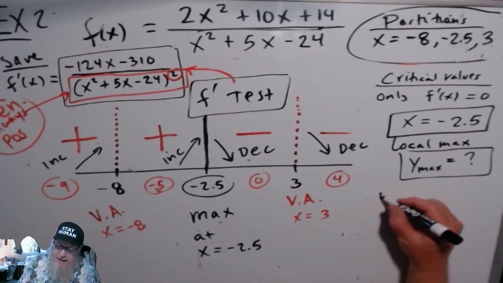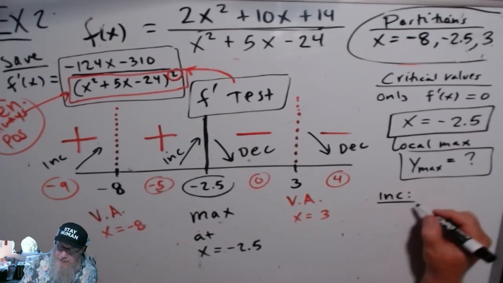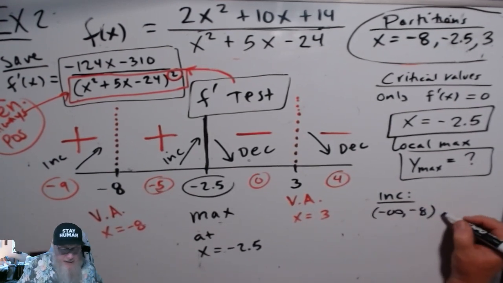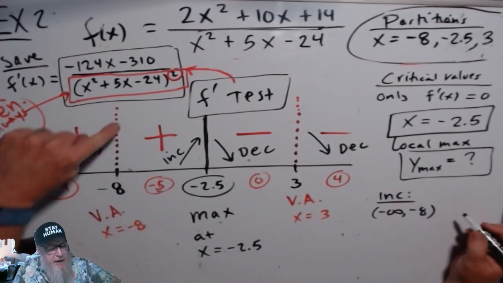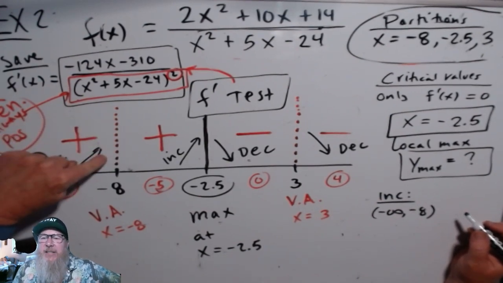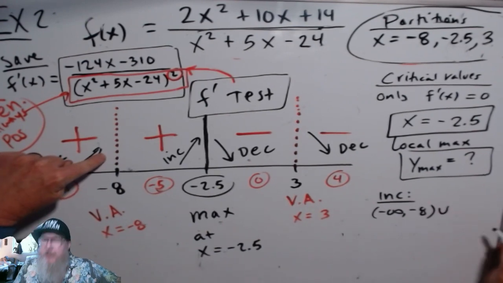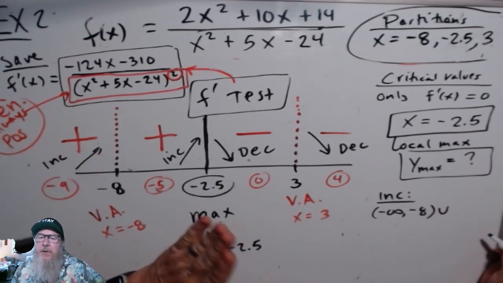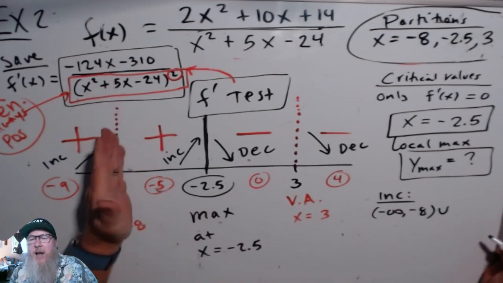Okay, now we have increasing interval, negative infinity to negative 8. Now, this is why it's important to identify that with a dotted line. If it's a dotted line, you must use the union. Now, you saw another example earlier where this was a solid line.